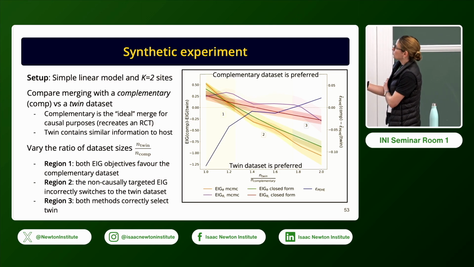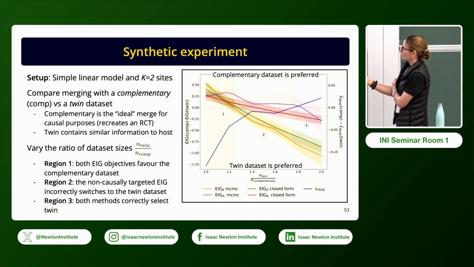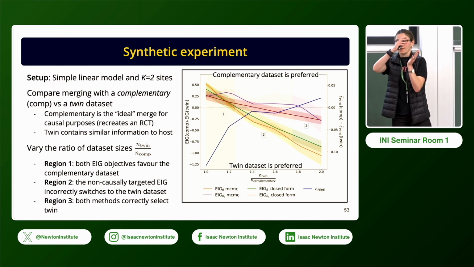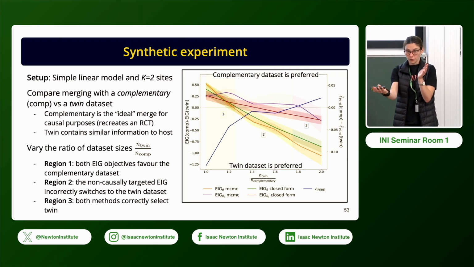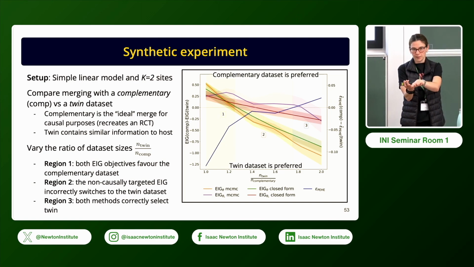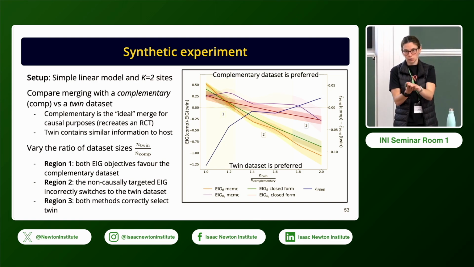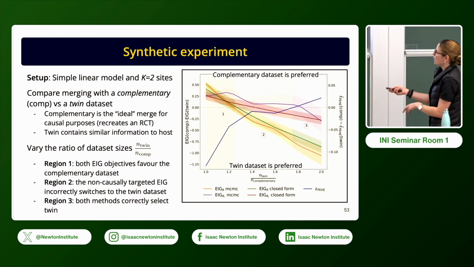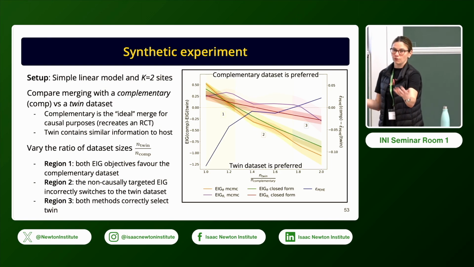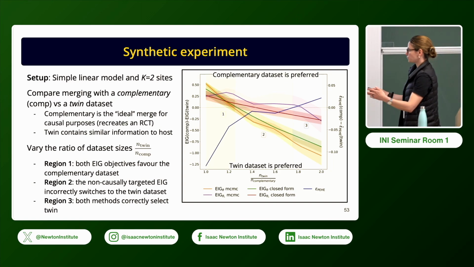One site we're going to have what we call a complementary data set, and the other one will be twin. So the complementary data set will be exactly the missing part that will, together with the host data set, basically recreate a randomized control trial. So this will be the ideal merge, okay? And the twin will basically contain the same distribution as the original host.